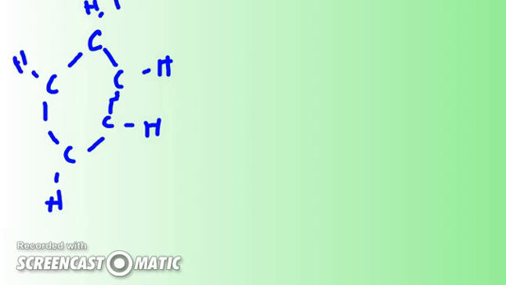And then the reason there's only 1 hydrogen attached to each, my board isn't quite lined up here, is because there's alternating double bonds here. So it's a double, then a single, then a double, then a single.